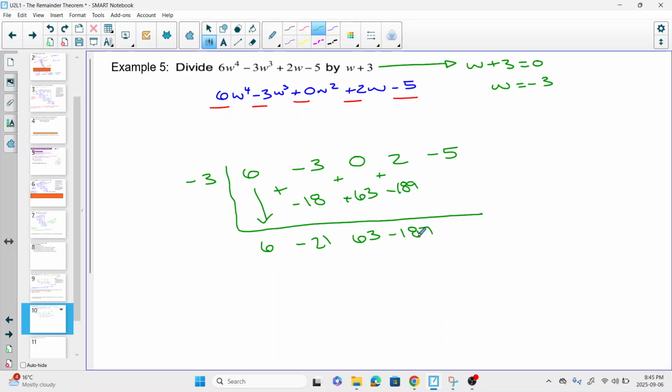And then I do have to do negative 187 times negative 3, which is going to give me positive. And I don't have to write the positive like I did here, but just to make sure we're keeping this straight, positive 561. And again, I'm adding these. Negative 5 plus 561 is positive 556. And so now this here does have a remainder.